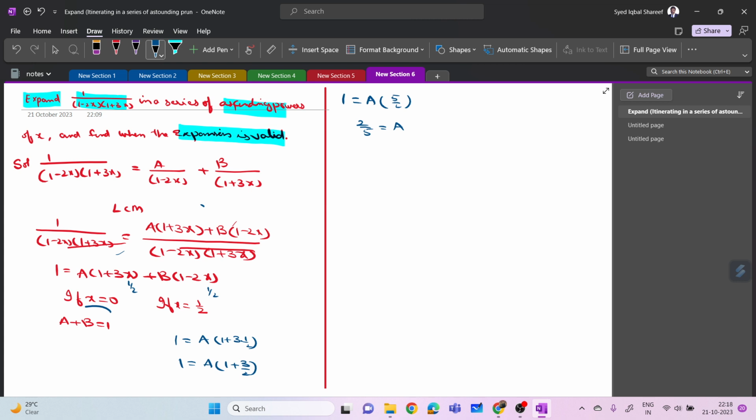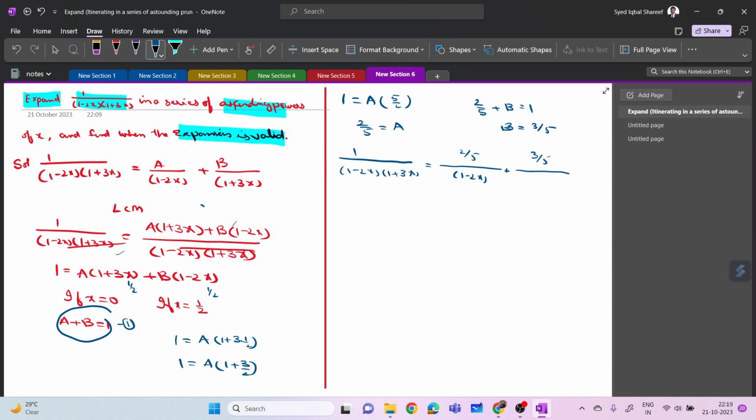Call this equation number 1. Putting a is 2 by 5, 2 by 5 plus b equal to 1 implies b equal to 3 by 5. So now what is our equation? 1 by (1 minus 2x)(1 plus 3x) equals a by (1 minus 2x) plus b by (1 plus 3x), where a is 2 by 5 and b is 3 by 5.